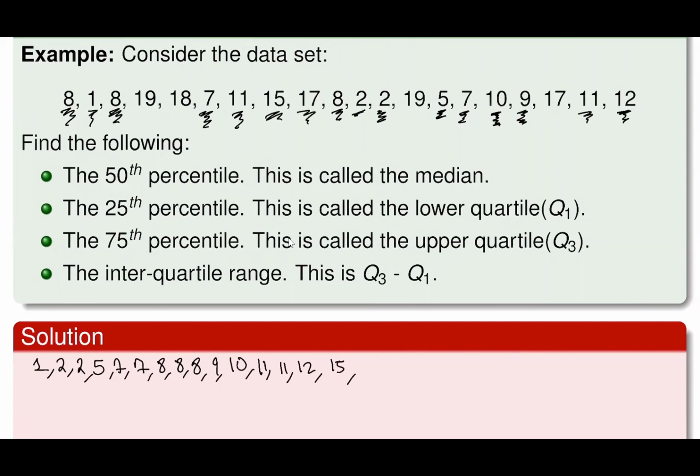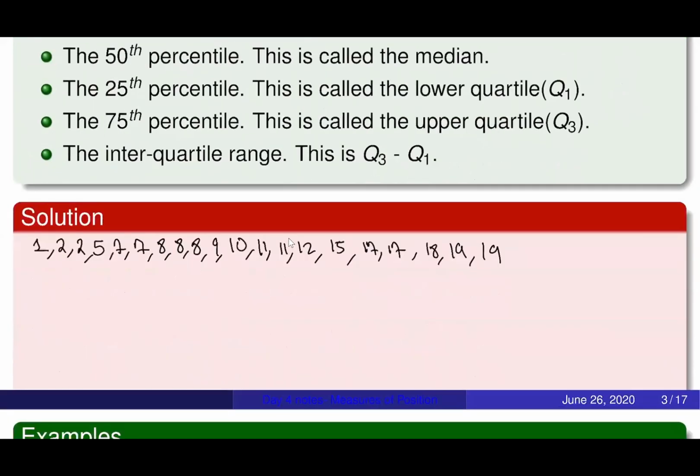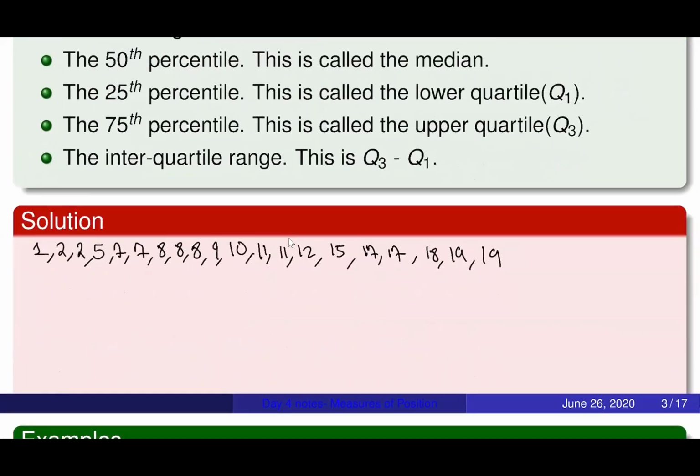Then you have 17. You have 2 of those. Then you have 18. You only have 1 of those. And then lastly, you have 219. So that's our data set arranged from lowest to highest.